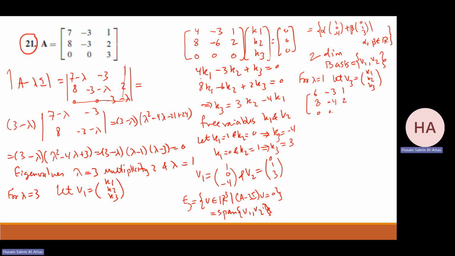I have 0, 0, 0 times K1, K2, K3 equals 0, 0, 0. I need to solve this system now. I have 6K1 minus 3K2 plus K3 equals 0. 8K1 minus 4K2 plus 2K3 equals 0.